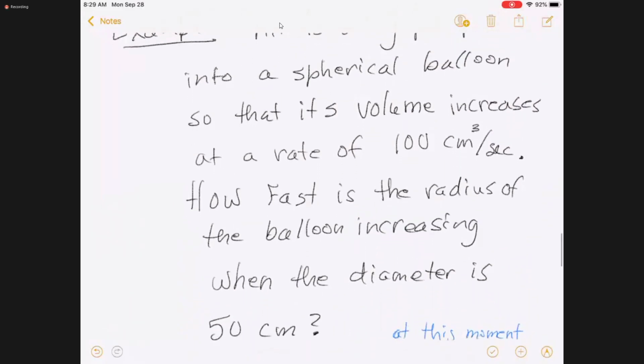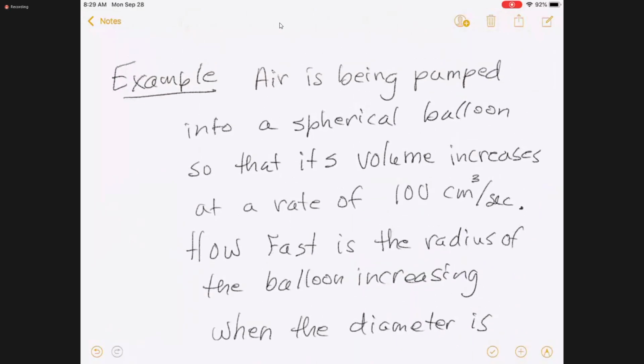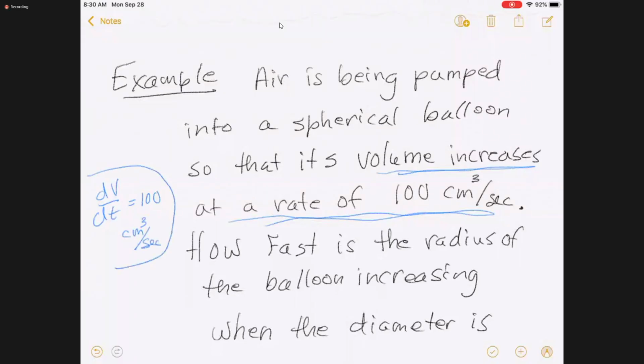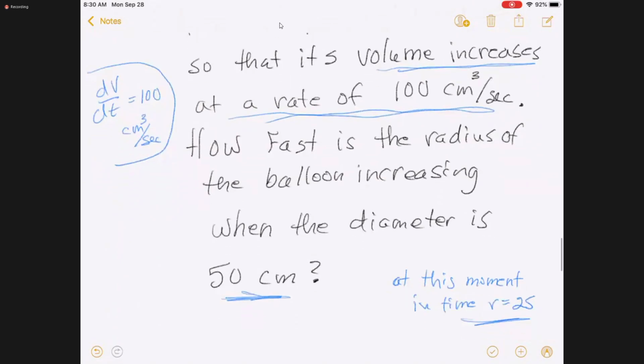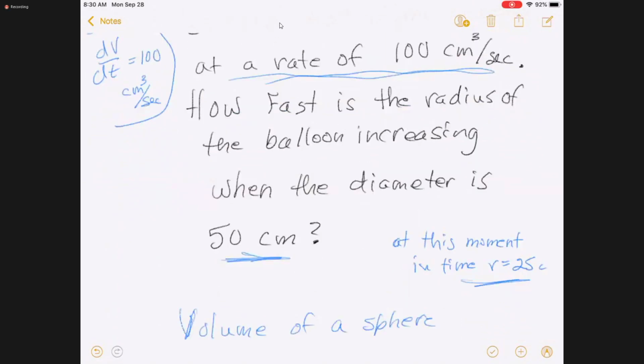And we also have this piece of information. This says that dV/dt is 100. And I do have units here. This is centimeters cubed per second. And r equal to 25 centimeters. Okay.